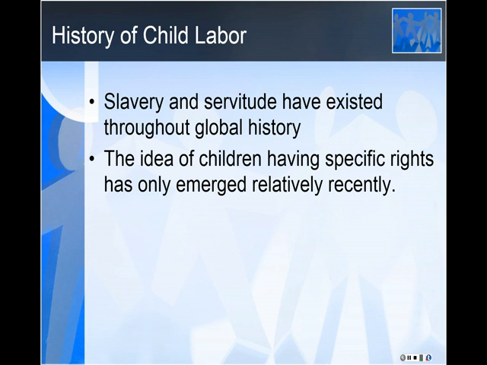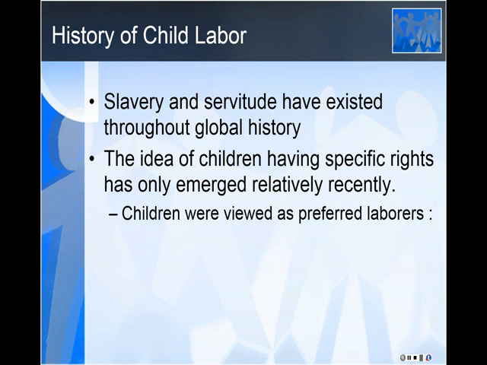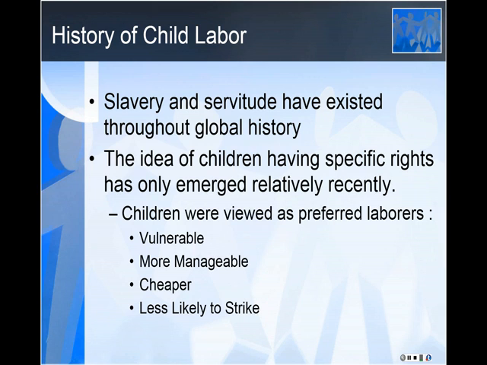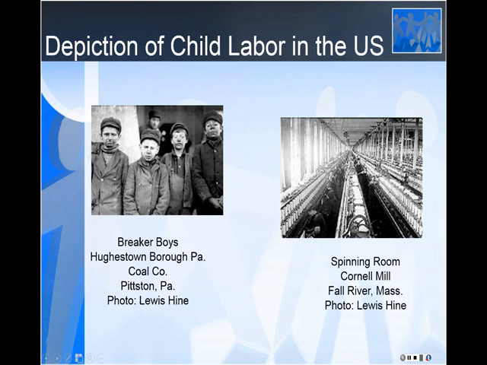So for a long time, children were viewed as preferred laborers, mainly because they're vulnerable, they're more manageable, they're cheaper, they're less likely to go on strike. And so we see these elements at play even in the United States. So we know that before reform came to the United States, we had all kinds of children working in factories as part of the Industrial Revolution.